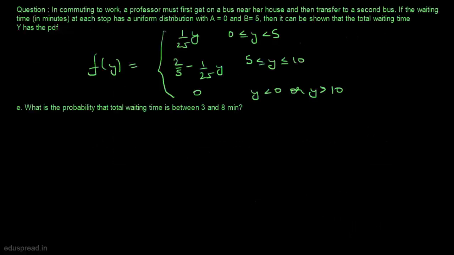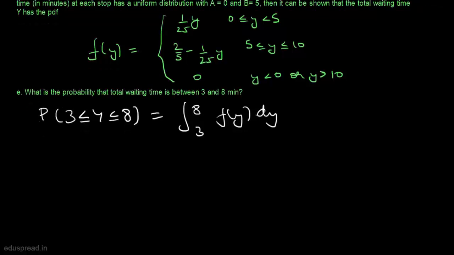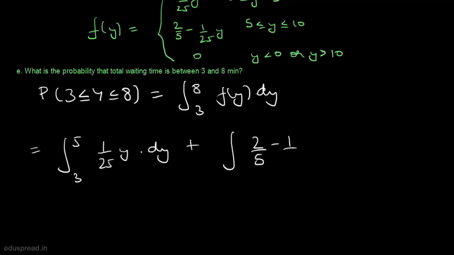In part E, we have to find the probability that total waiting time is between 3 minutes and 8 minutes. So that means we have to find the probability that y is greater than or equal to 3 and less than or equal to 8. This is equal to integrating f of y dy from 3 to 8, and we can write it as the integral of 1 divided by 25y from 3 to 5 dy, plus the integral of 2 divided by 5 minus 1 divided by 25y dy from 5 to 8.